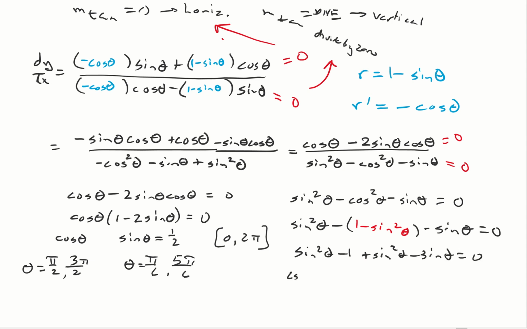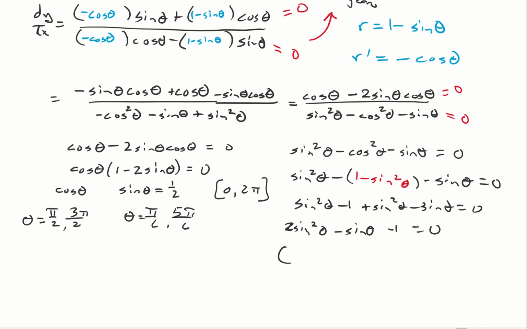So we have 2 sine squared theta minus sine theta minus 1 is 0. I don't know if you guys get dizzy factoring over trig functions. Okay, but I think this works. It's 2 sine theta and a sine theta and a 1 and a 1, and I want this to be minus and this to be plus.